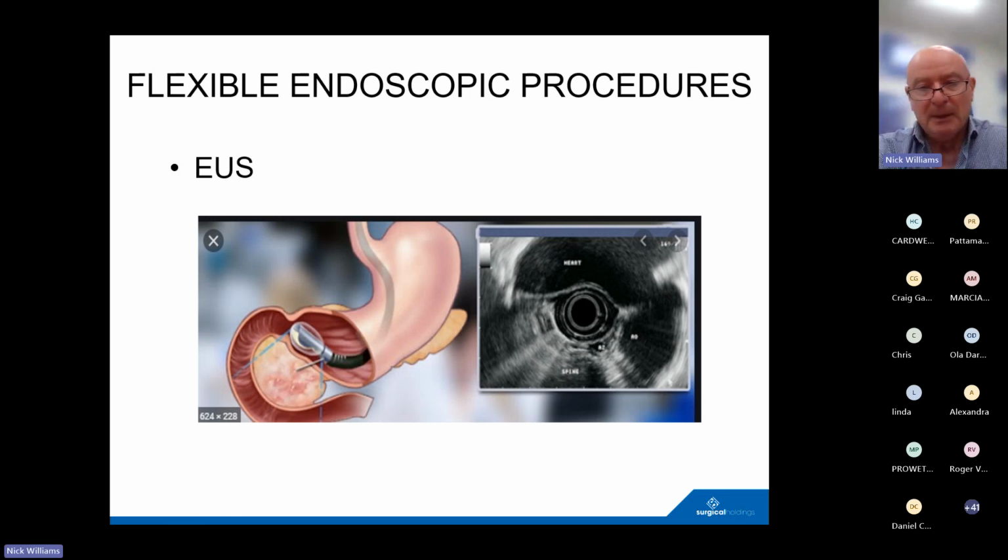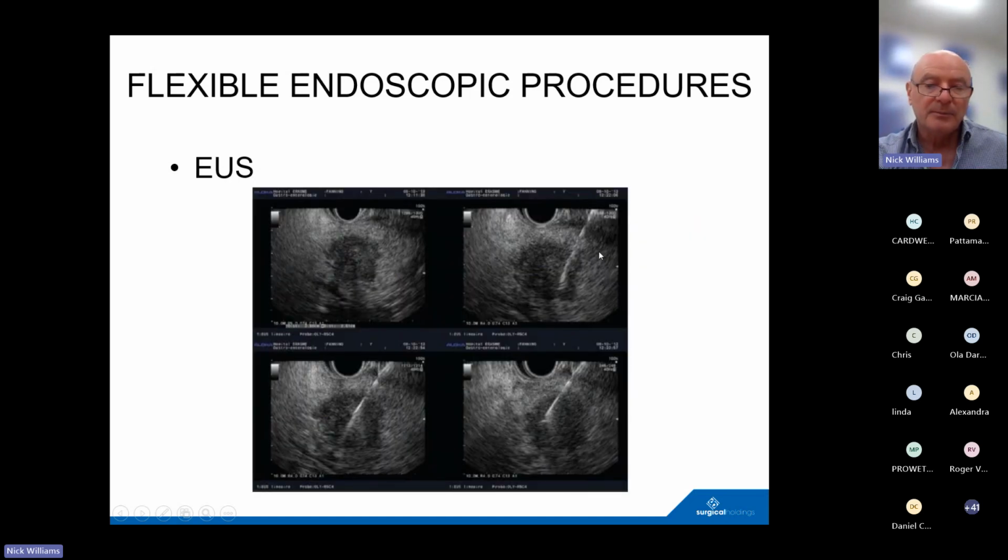In terms of EUS, that was the other scope that I showed earlier. You've got a curvilinear transducer at the tip of the instrument, and a needle channel. As you're scanning in that plane, you can see where the needle goes. And these are pictures of that.